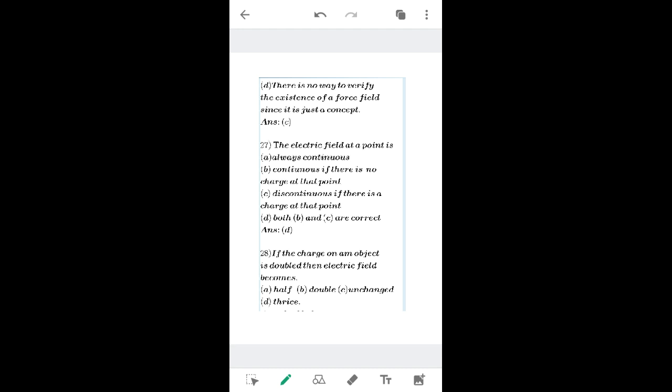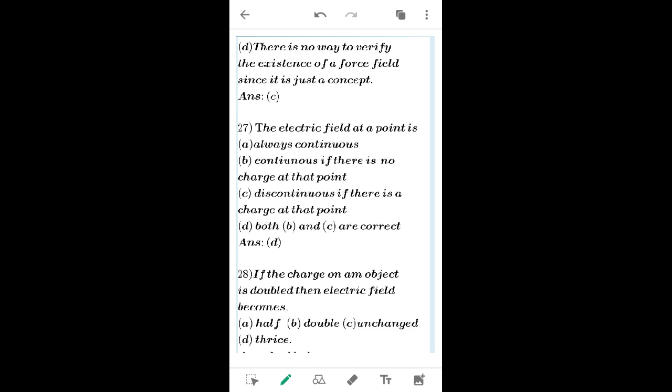Okay, let us go to the next one. The electric field at a point is always continuous. B option, continuous if there is no charge at that point, discontinuous if there is a charge at that point.